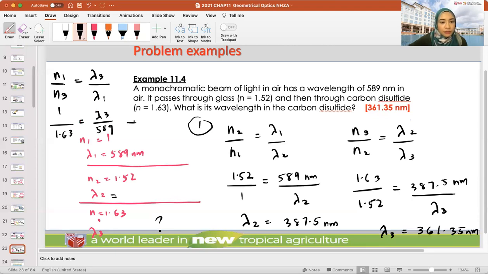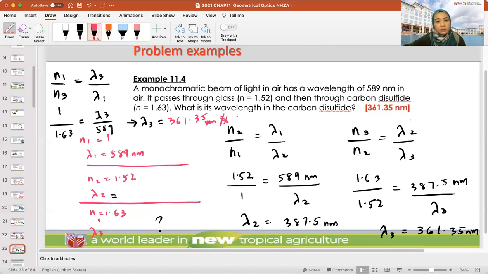So here I would find out that lambda 3 is equal to 589 divided by 1.63, which is 361.35 sama nanometer.